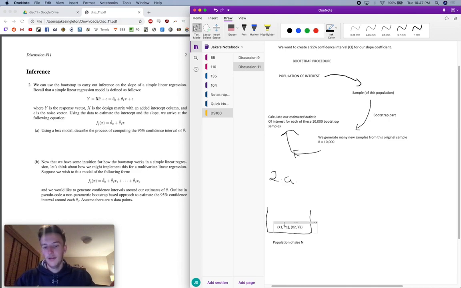Remember, we're doing simple linear regression, so there's only one predictor x associated with its label y: x_n, y_n. So this is our population of size N here. Following the procedure I was discussing above, from this step we draw a little arrow here. We are going to do another box.